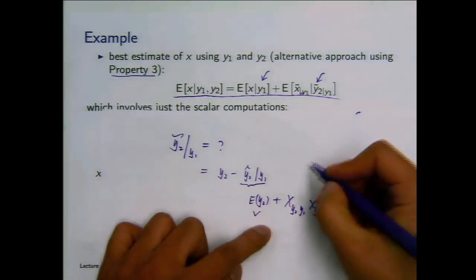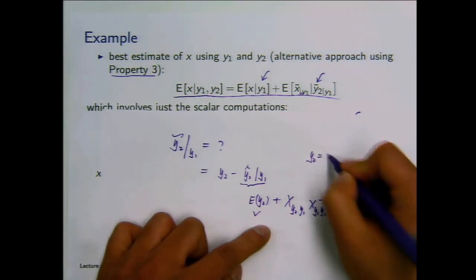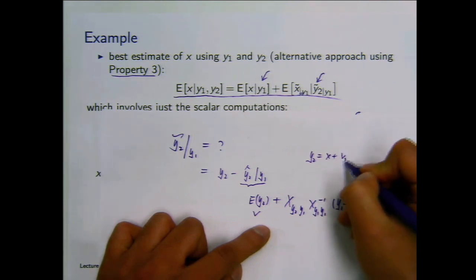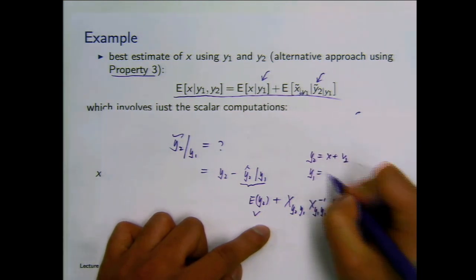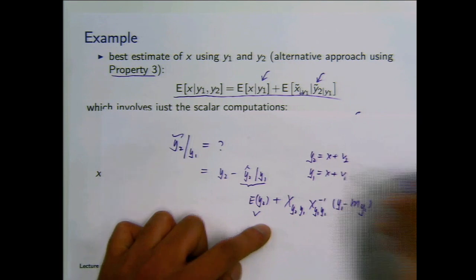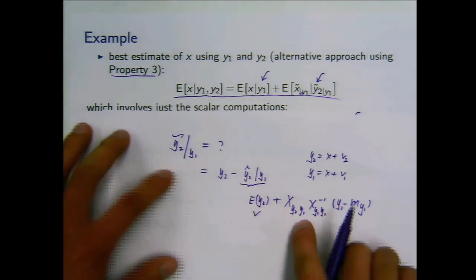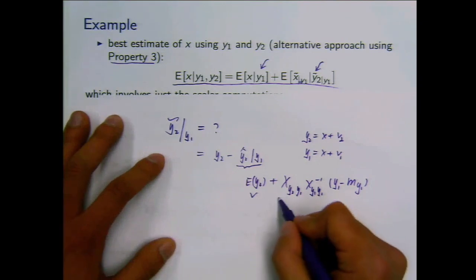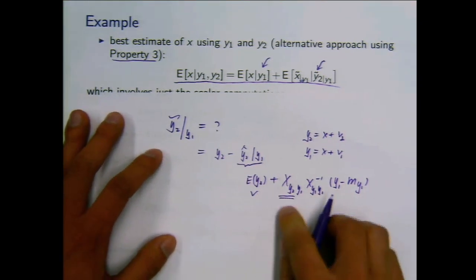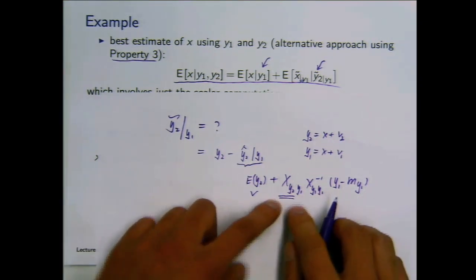And then because y2 equals x plus v2, and y1 equals x plus v1, it's useful. Let's do one of them. We can do the cross covariance between y2 and y1.